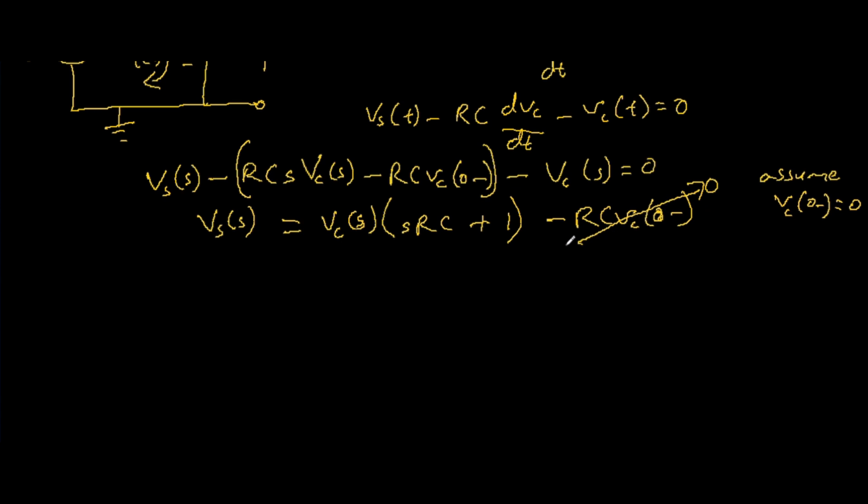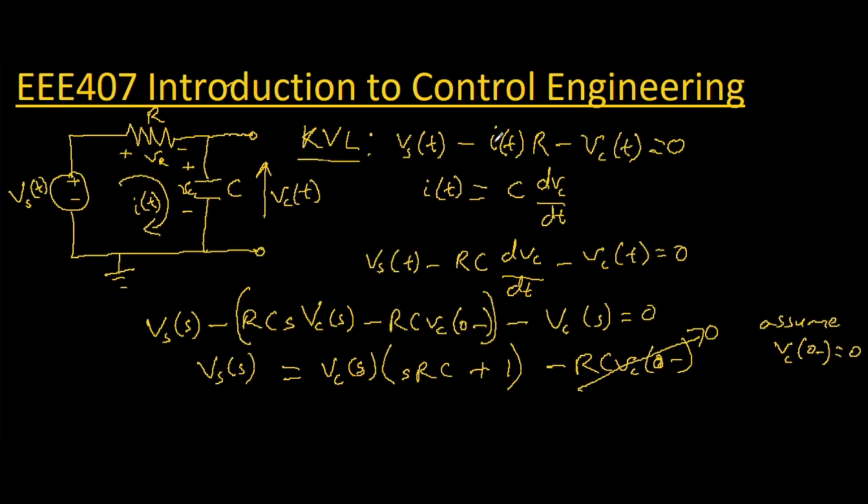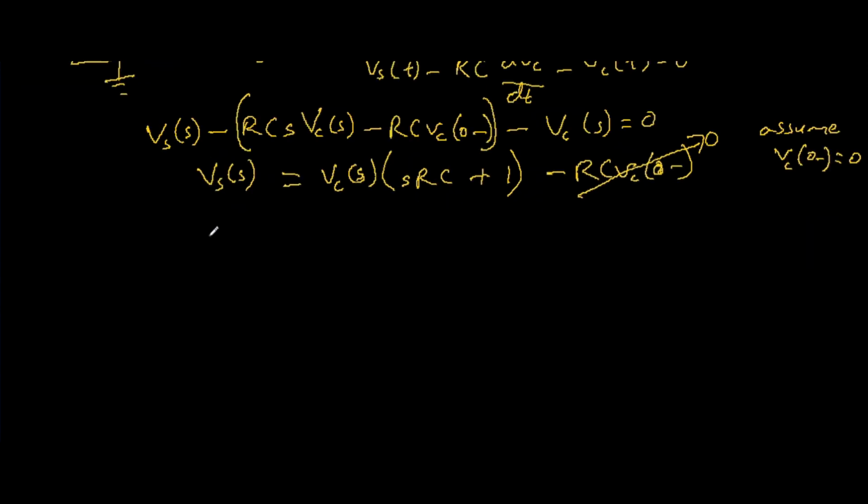And then we now have a simple equation, where we can now say, we set our output. If you remember, we're making the output of our system VC. So if the output of our system is VC and the input of the system is VS, then we can now write our equation for the system as output VC of S divided by input Vs of S, and that is equal to 1 divided by SRC plus 1.